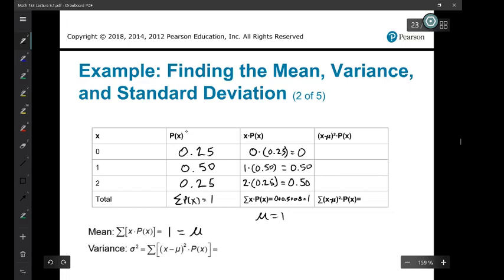To compute the products we need for the variance, notice this part of the formula for the variance, we get a table. This column here will record those values. So we need the value, which is 0, minus the mean, 0 minus 1, square that, times the probability of 0, which is 0.25. So 0 minus 1 is negative 1, and 1 squared is 1. 1 times 0.25 gives us 0.25.